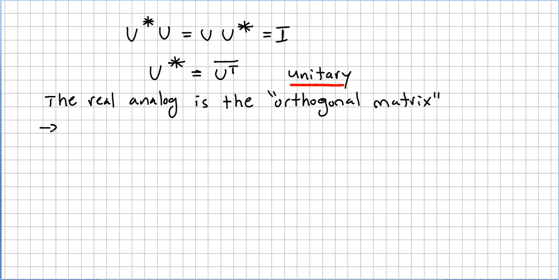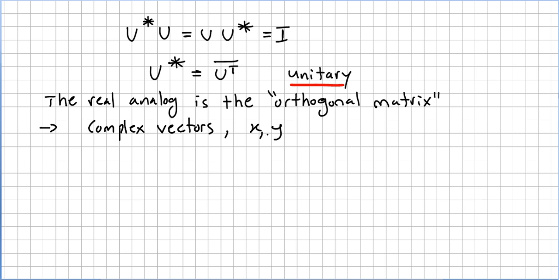So some characteristics of these unitary matrices: if you have complex vectors, imagine you have vectors x and y.